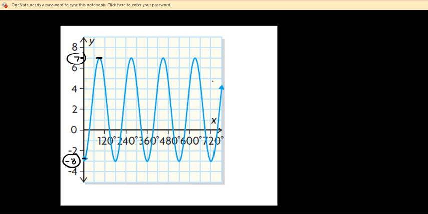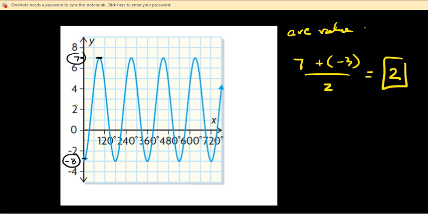How do you find an average between any two numbers? Yes, add them and divide by 2. So the average value would be 7 plus -3 divided by 2. What does that give you? 7 minus 3 is 4, over 2 is 2.